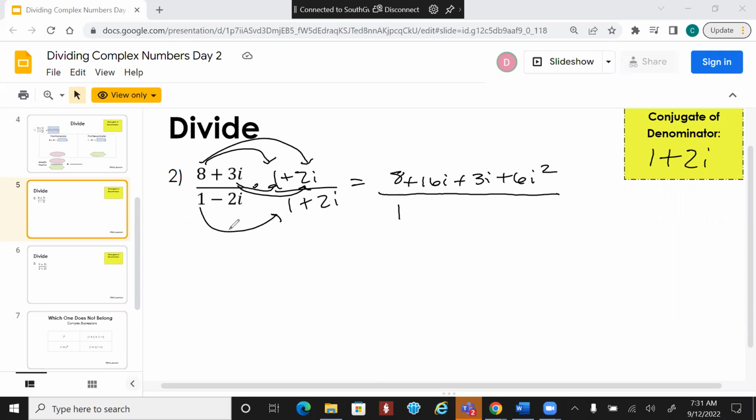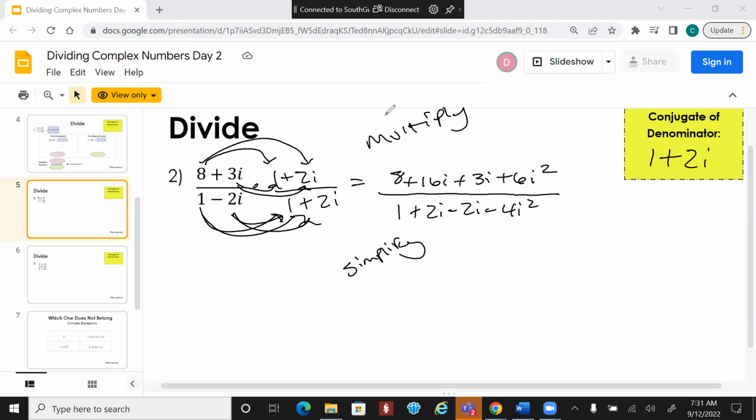So 1 times 1, 1 times 2i, negative 2i times 1, and negative 2i times 2i is negative 4i squared. Okay, so I multiply out first. Now I'm going to simplify the top and the bottom.